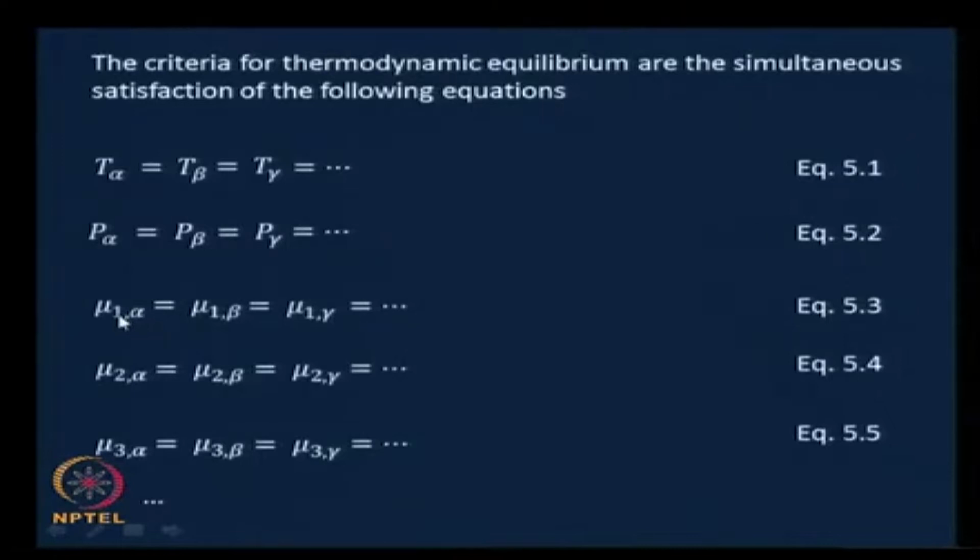For example, if mu 1 is the chemical potential of species 1, mu 1 in alpha must equal mu 1 in beta, must equal mu 1 in gamma and so on across all the other phases that are present. Mu 2, which is the chemical potential of species 2 in the alpha phase, must equal mu 2 in the beta phase, must equal mu 2 in the gamma phase and so on.